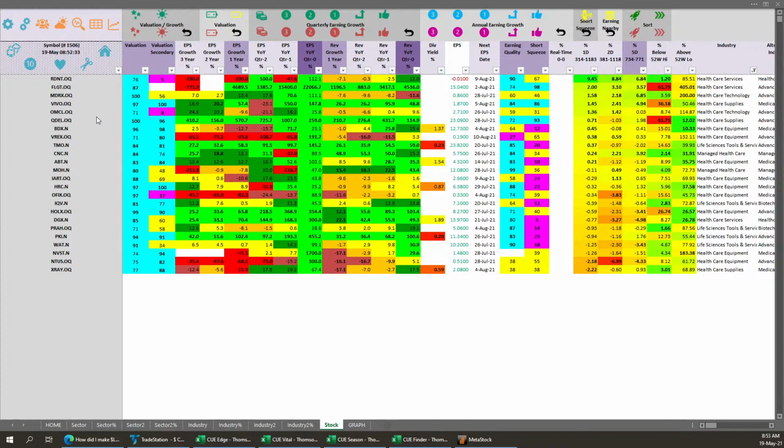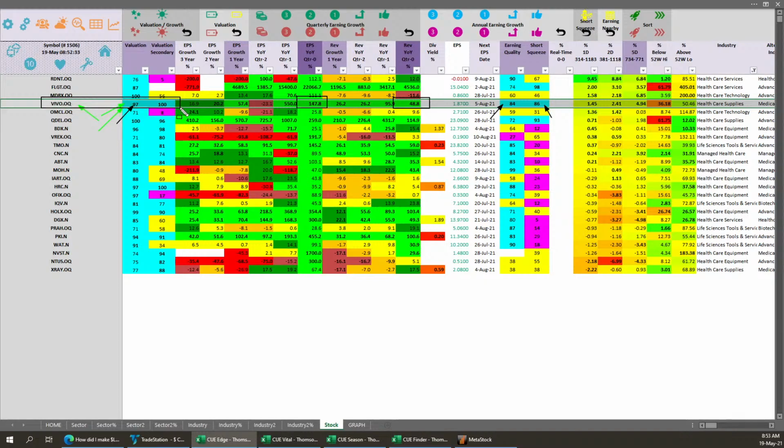The 3-star candidates gave me the stocks that have great earnings growth, great valuation here, and also great earnings growth here. And it had revenue growth as well. So it was a 3-star candidate with great earnings quality and short squeeze potential. That is how I found Vivo top down.